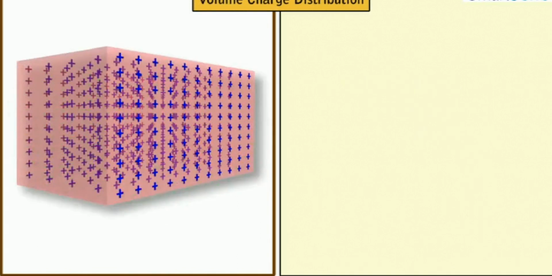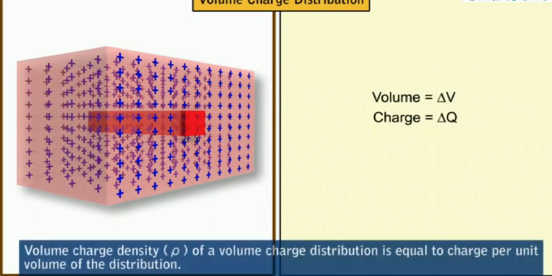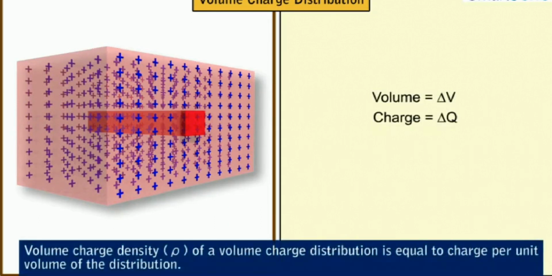Now, let us consider a volume charge distribution. Consider a volume V carrying a charge Q. Let us assume that the total volume is divided into a number of small elements, each of volume delta V having a charge delta Q. Then, volume charge density ρ of such a volume charge distribution is defined as the charge per unit volume.